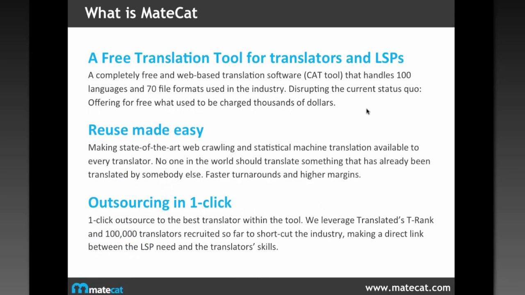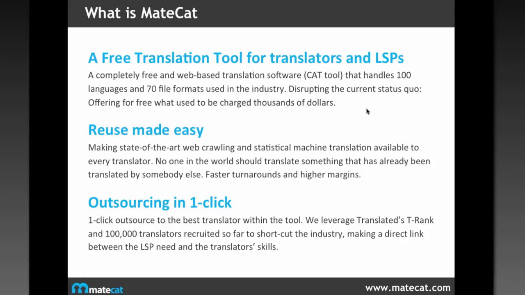So, what is MateCat? It's a free translation tool for translators and language service providers, so translation companies. Totally free, online, so it just works in a browser, no need to install or maintain any software, we will do it for you.